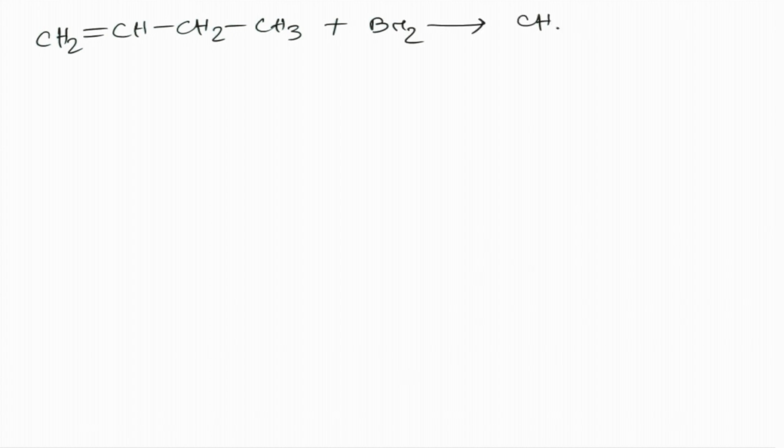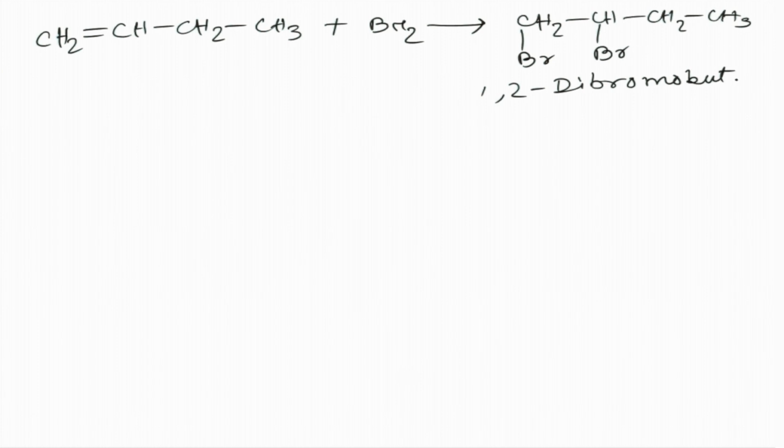Now, if we take 1-butene instead, we will get 1,2-dibromobutane from 1-butene.